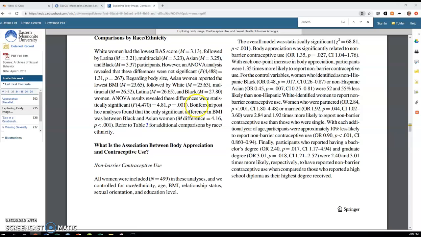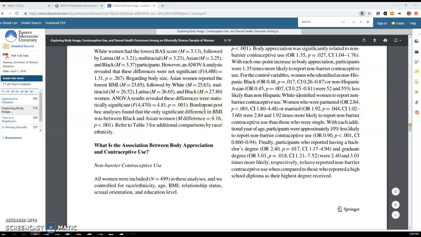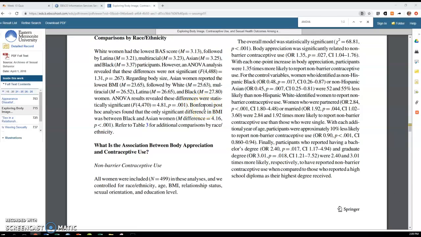So they ran Bonferroni, which tells us they're correcting for these multiple comparisons, and of all the different comparisons, I think there'd be 15 comparisons there. The only one that was significant was between black and Asian. Sorry, I was saying white was the lowest, Asian there is the lowest, and that was the significance.